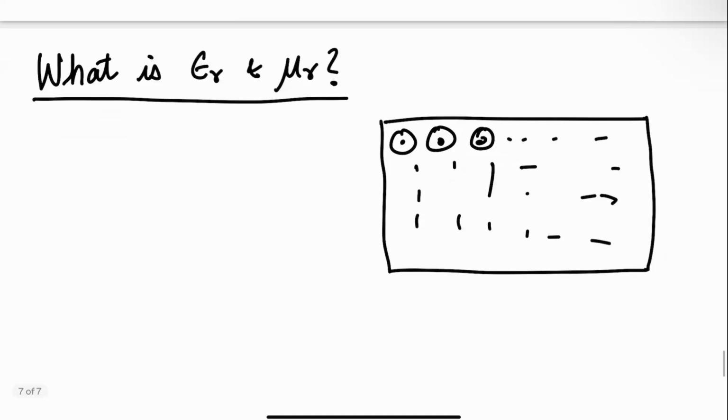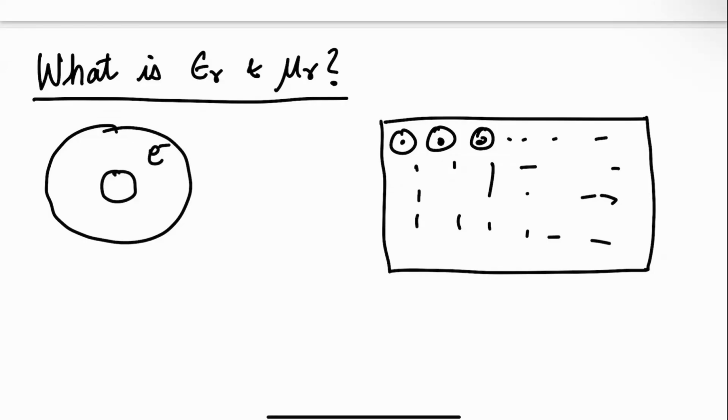So we can assume for the simplest case that this atom or molecule has some electron cloud, let's say. Of course, these get very complicated, but we're taking a very simple model here. And there's some kind of nucleus, or you can think of it as just some positive charge, right? So in a neutral atom, this is not always true, but let's assume that in a neutral atom, the center of positive charge and the center of the negative charge are the same, which means that this does not have any dipole moment.